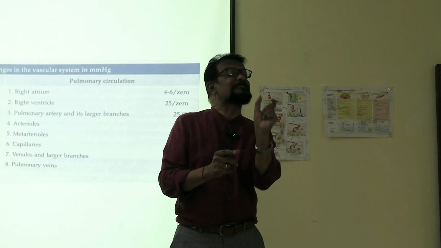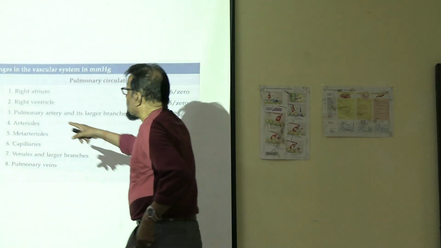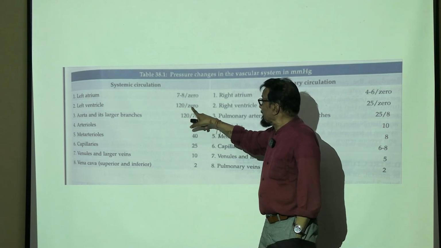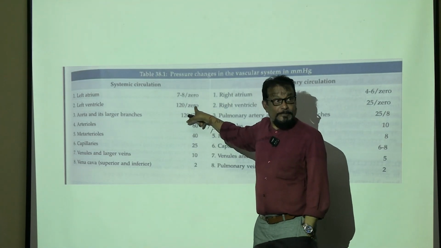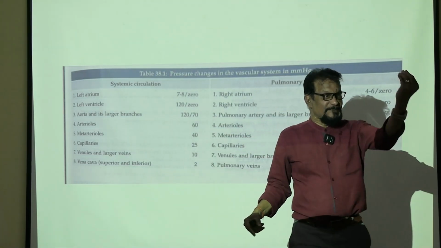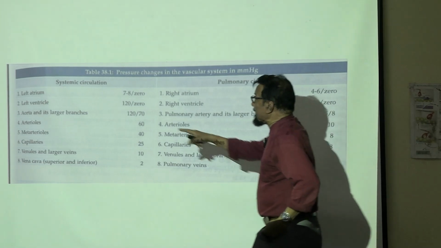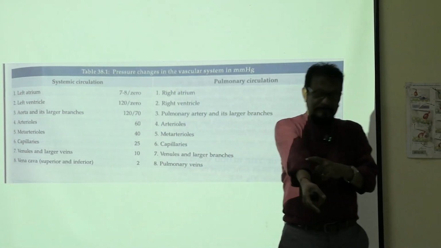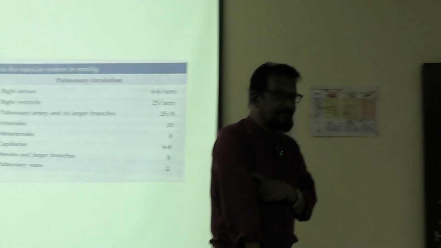That's why the wall is thick. In the left ventricle it is 120 by 0; during diastole pressure is 0. In the aorta it is 120 by 70, and in its large branches it is also 120 by 80.